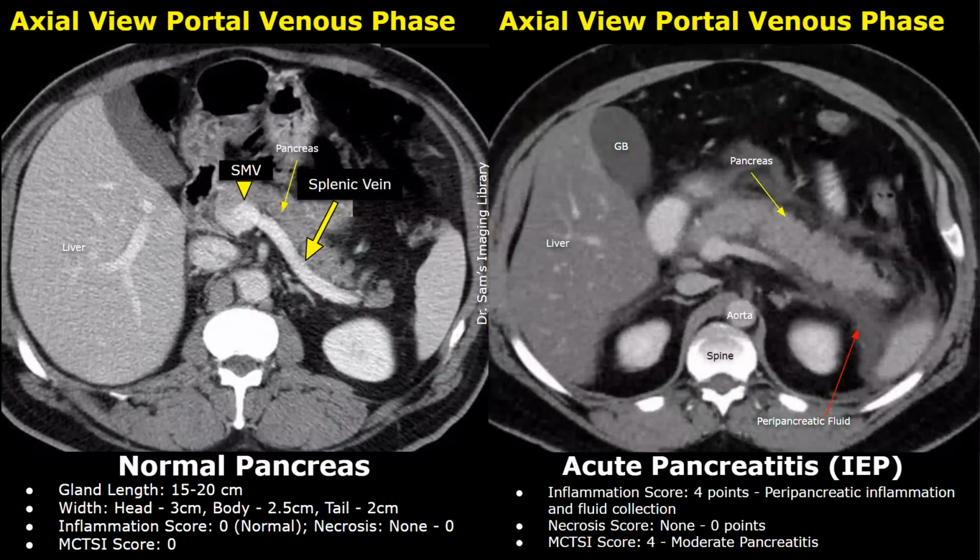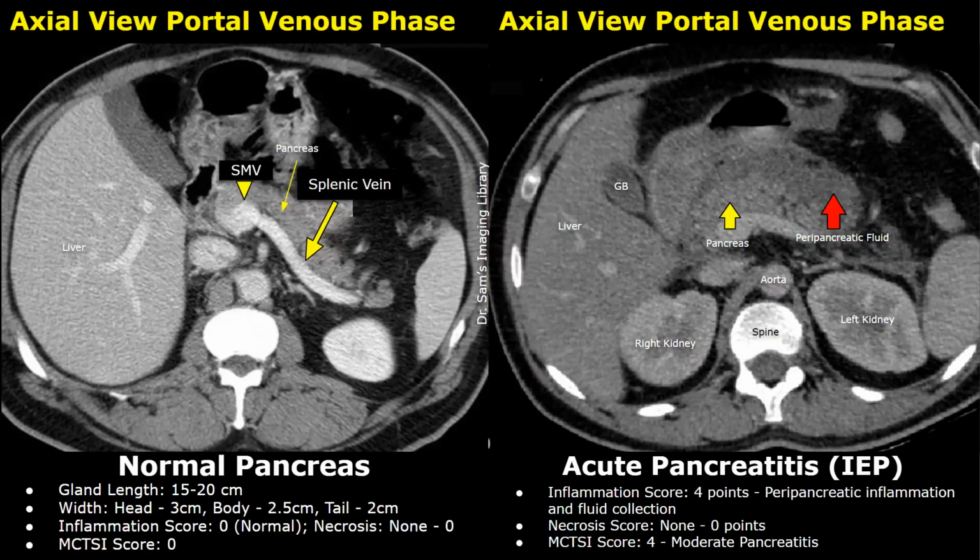In this case, there is a significant amount of peripancreatic fluid. Hypodense fluid is noted around the inflamed pancreas. The inflammation score is 4 points. The necrosis score is 0 because the pancreas has normal enhancement. The MCTSI score is 4, moderate pancreatitis.